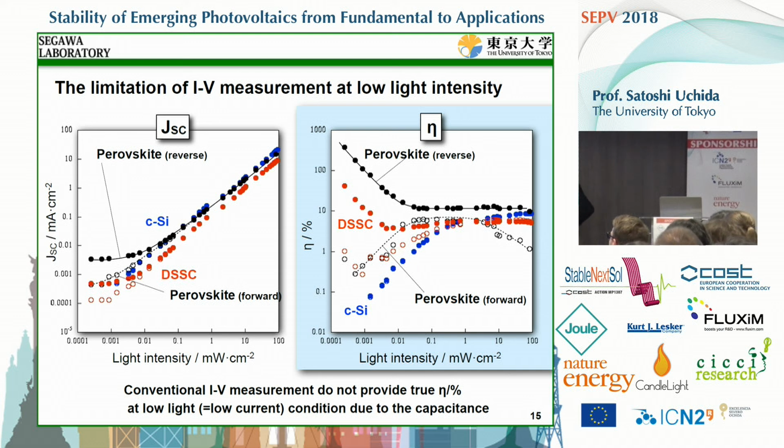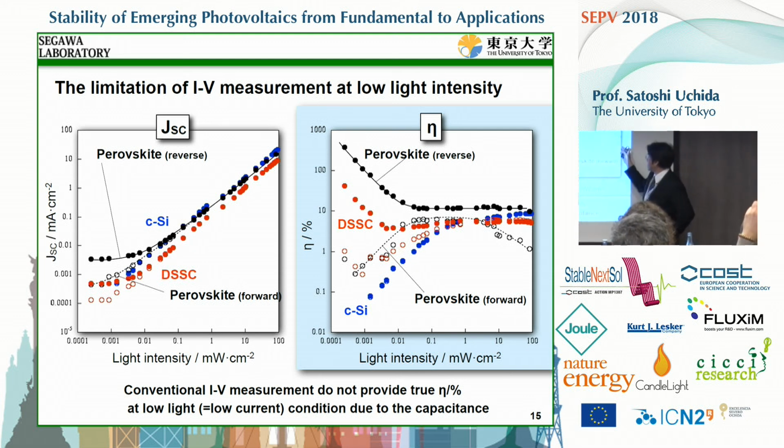This is the summary, a bit busy data, I'm sorry, but I will explain one by one. In the case of the solar cell, the red part, at moderate intensity conditions like 0.1 sun or 1 by 100, nothing happens. There is a linear trend, slightly going up and slightly going down.